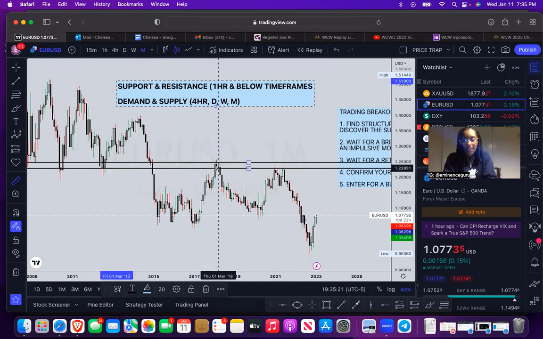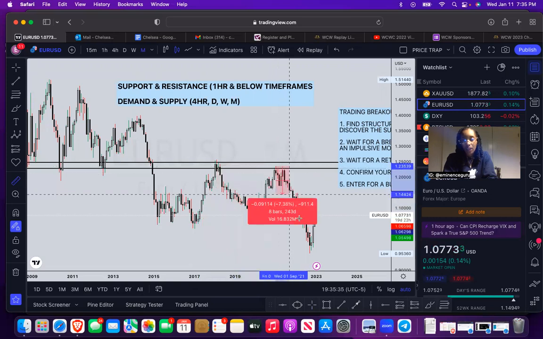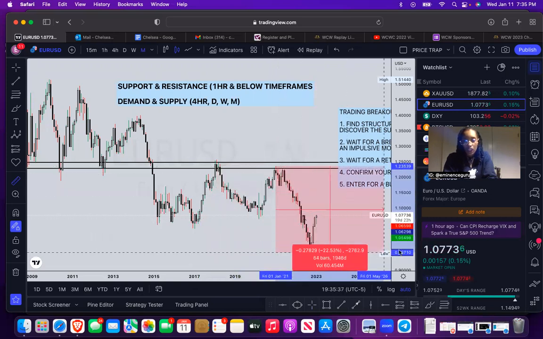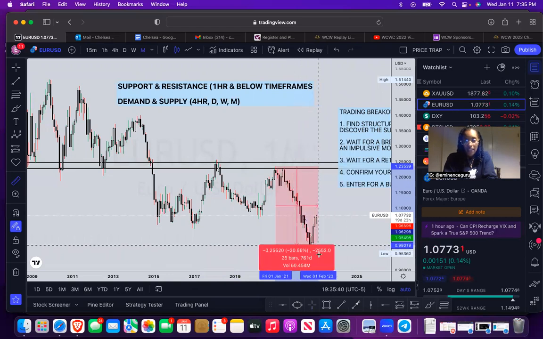Price was in the supply zone right here, and she failed. This right here was 1,500 pips. And then from here, she failed again out of this supply zone, and this gave us 2,500 pips.